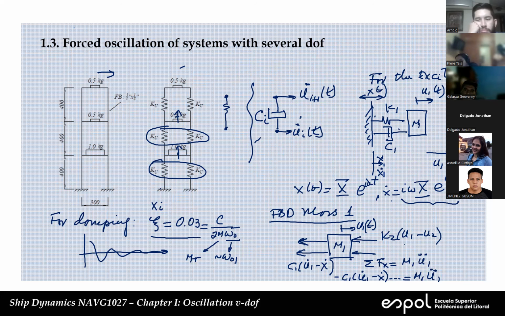All the terms which include U1, U2, or U3, you put to the left. Why? Because there's something that you try to determine that you don't know yet. So this term, C1 X dot, will be part of the excitation. Okay.